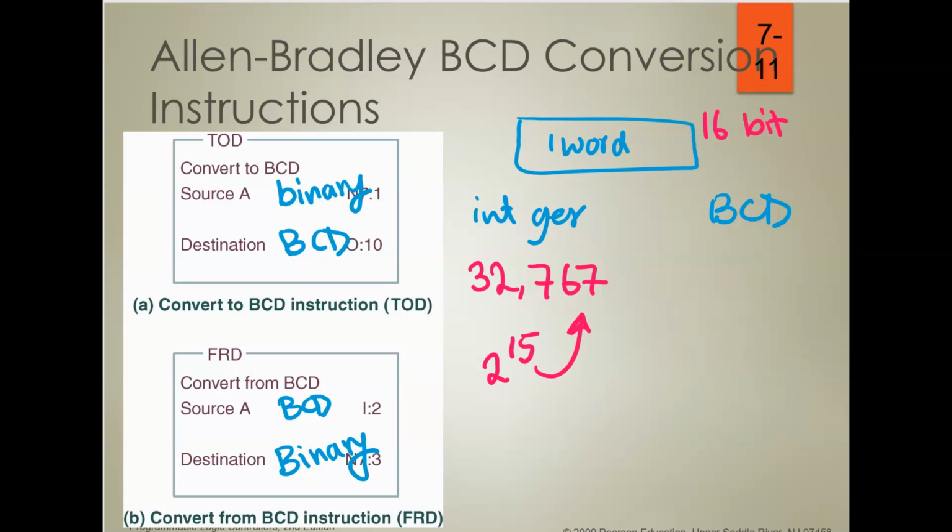On the other hand, if I want to describe a binary coded decimal with the same size of memory, which is 16-bit, the maximum I can describe is 9,999. Where does this number come from?